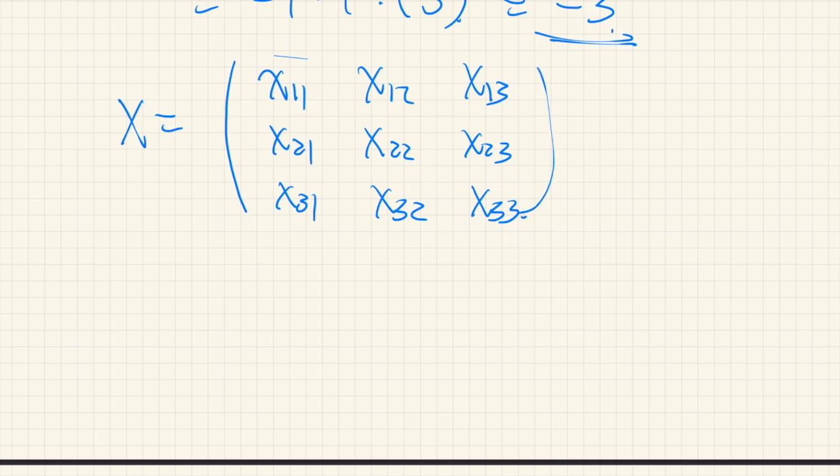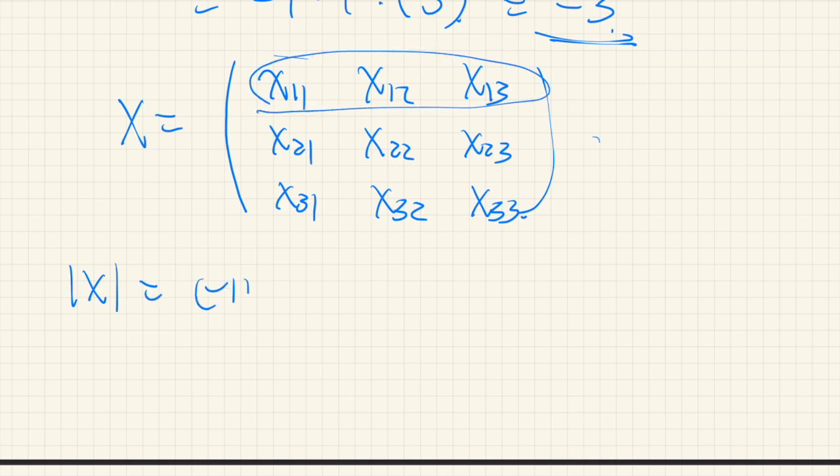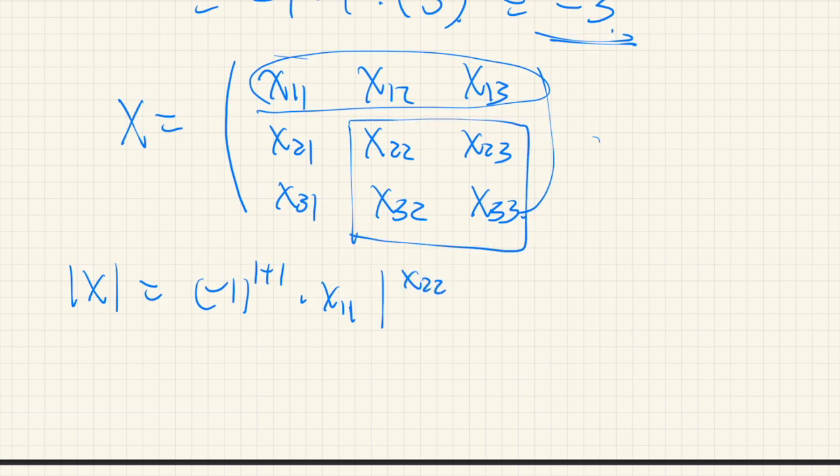So let's calculate the determinant of this matrix and just apply the definition here. Let's pick this first row, negative 1 to the power of 1 plus 1, x11, and the determinant of the remaining part, x22, x23, x32, x33, and negative 1, this one, so that's the 1,2 element.